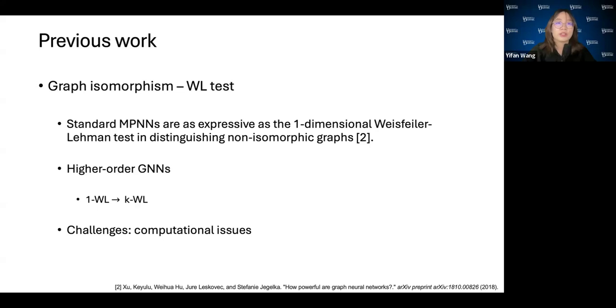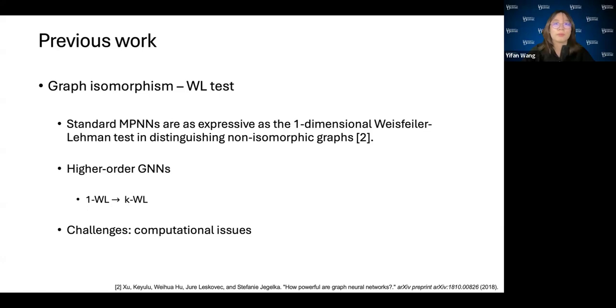This means such graph neural networks can struggle to distinguish certain non-isomorphic graph structures that are indistinguishable to the 1-WL test. There are many non-isomorphic graphs that cannot be distinguished by the 1-WL test.